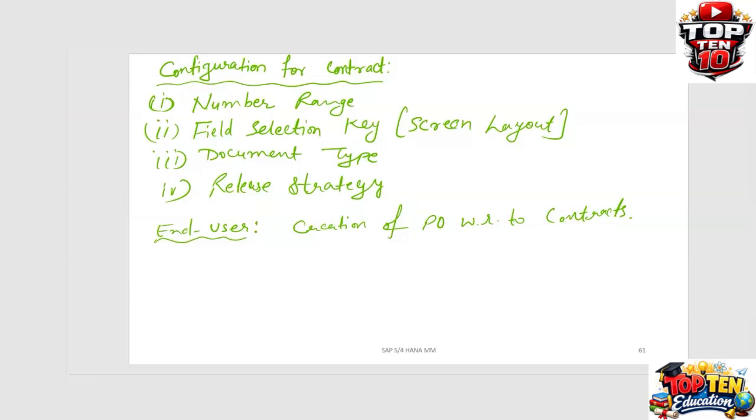Yesterday we created one info record, and in that info record we maintained everything. Okay, now check the document. Try to save. So one contract is created.